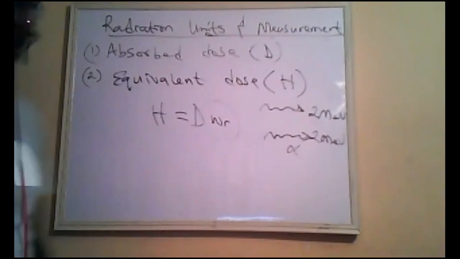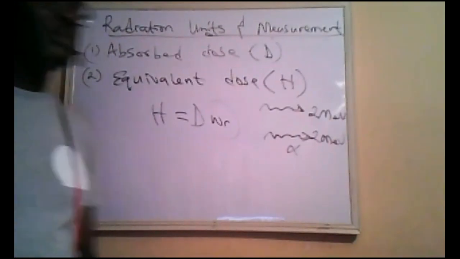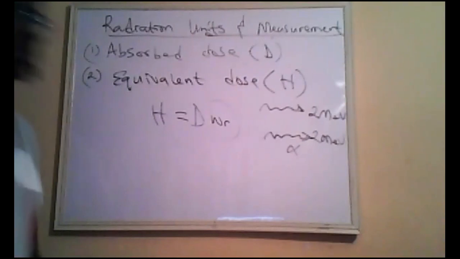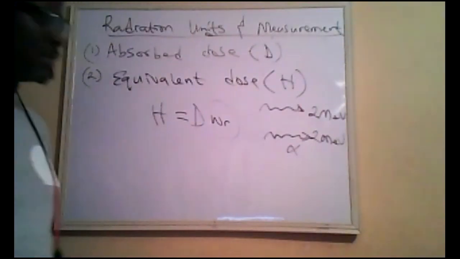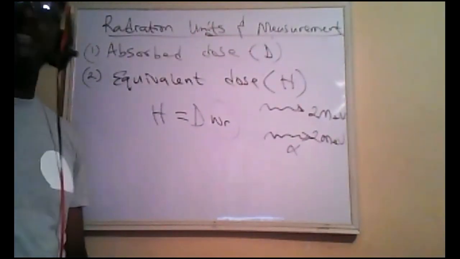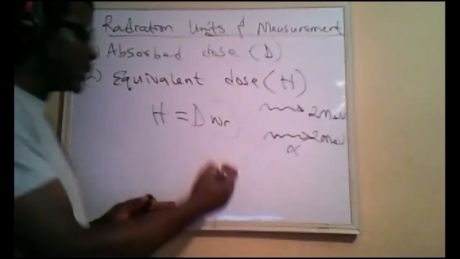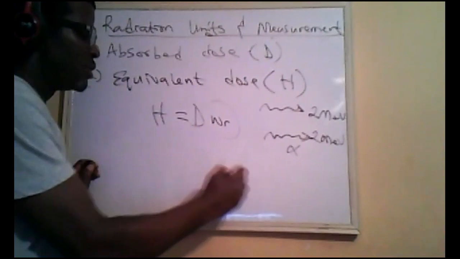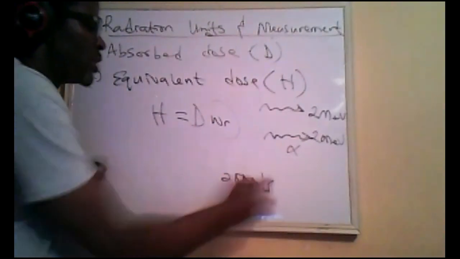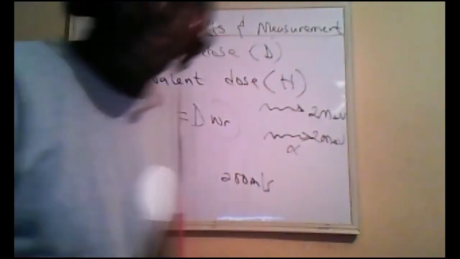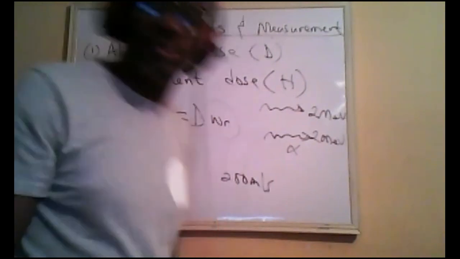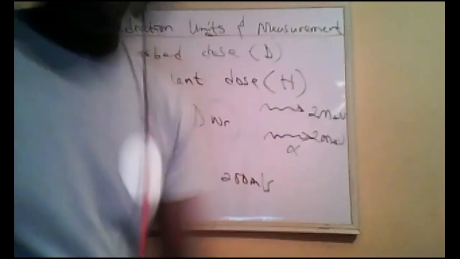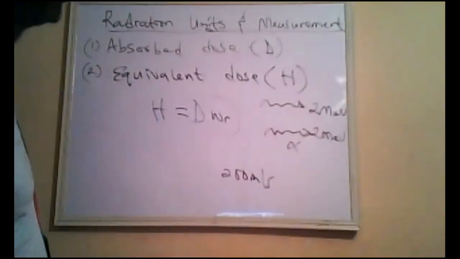For example, a neutron with a speed close to the speed of light will have a much more damaging effect than a slow neutron with a speed of maybe just 200 meters per second. So I want to quickly share with you something on the radiation weighting factor for equivalent dose.